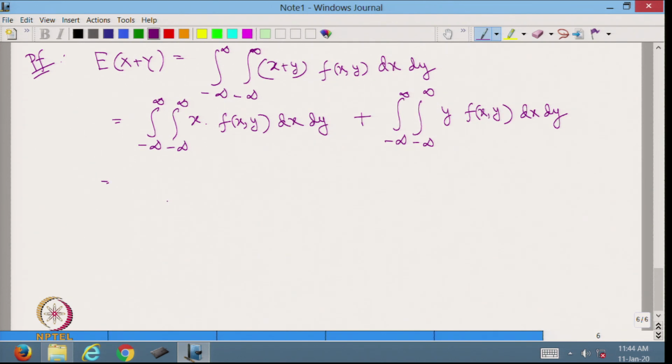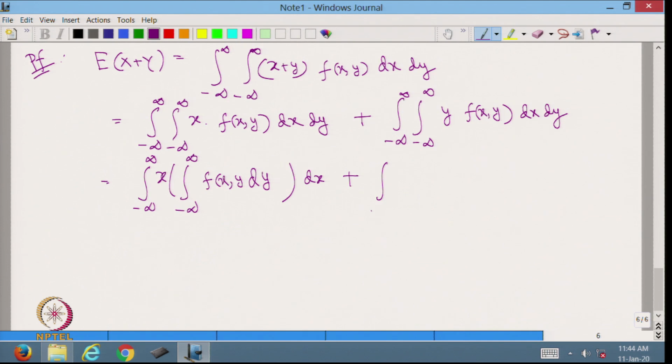Let us first integrate with respect to y. Therefore, we can take out the x part of it, the integral from minus infinity to infinity of f(x,y) dy, and then we integrate with respect to x.